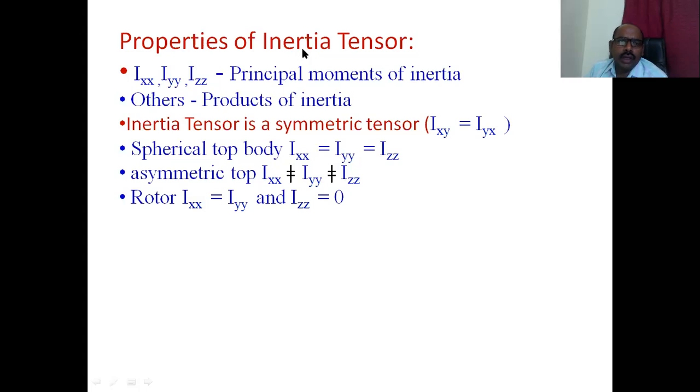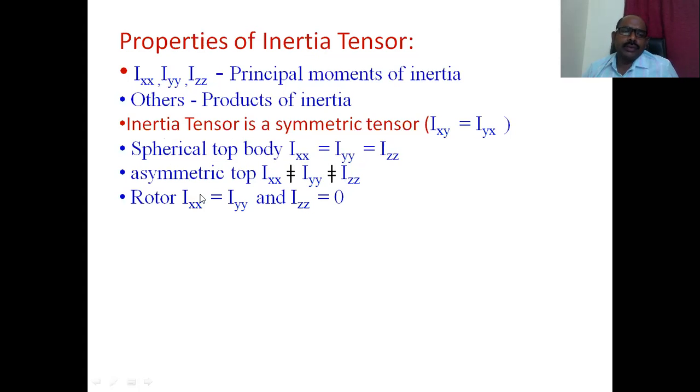So our inertia tensor is also a symmetric tensor. A body is said to be a spherical top body whenever all the principal moments of inertia are equal, that is Ixx is equal to Iyy is equal to Izz.